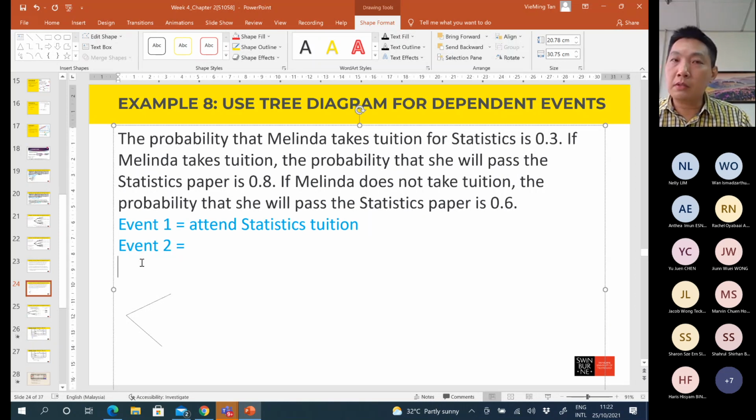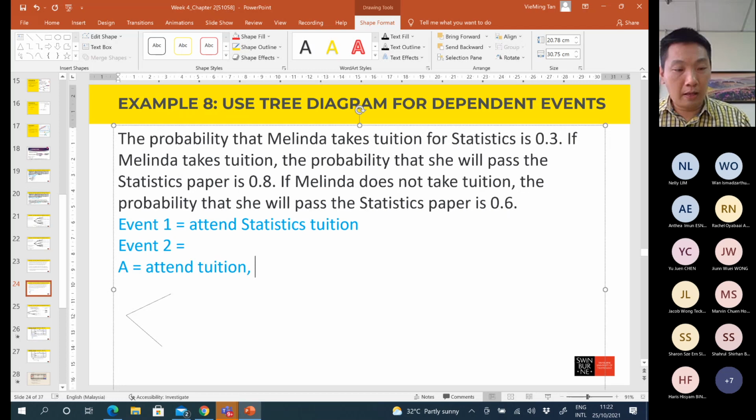I can also use a symbol to represent this. So maybe I can use A to represent attend statistics tuition.